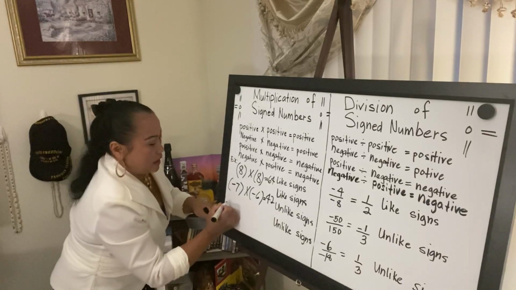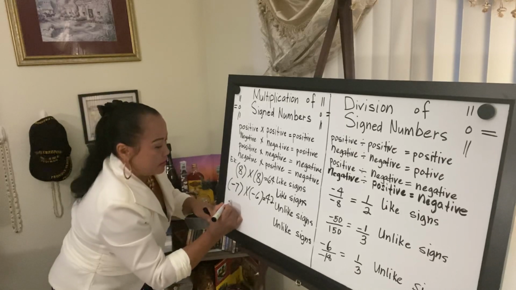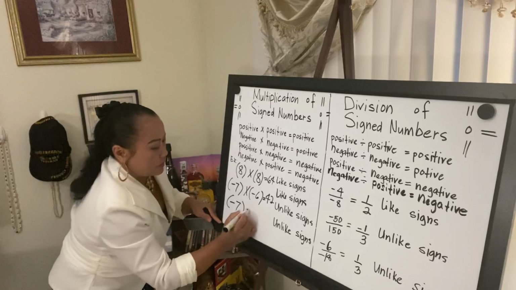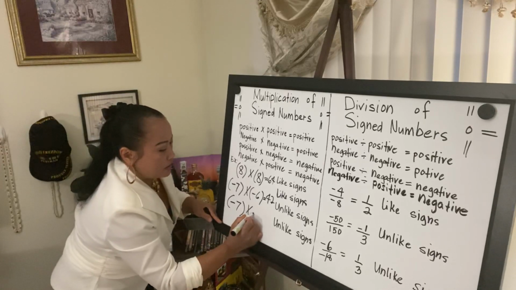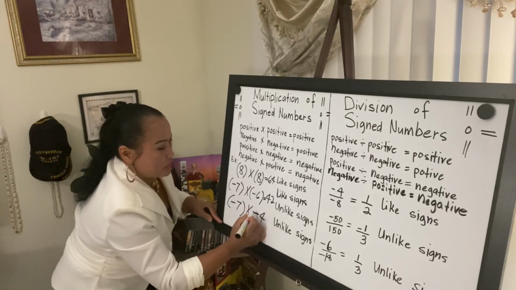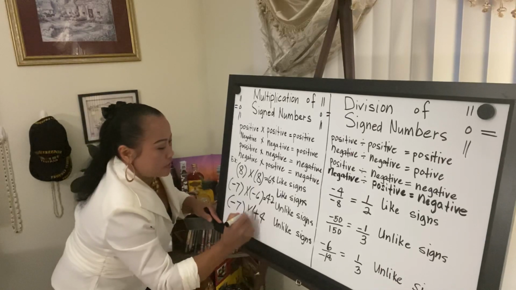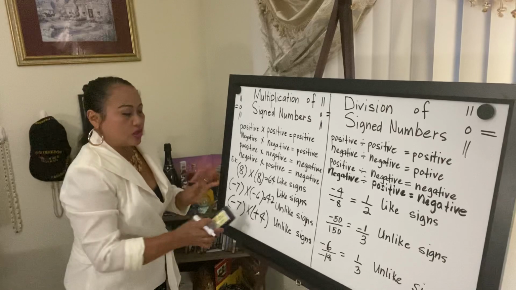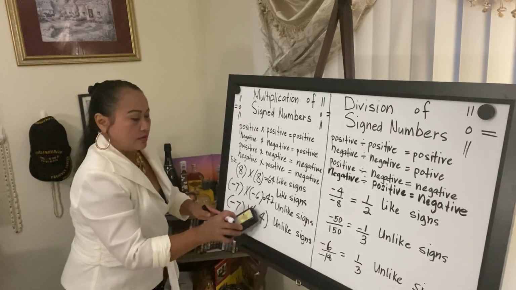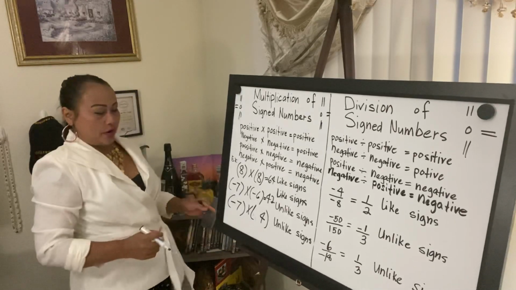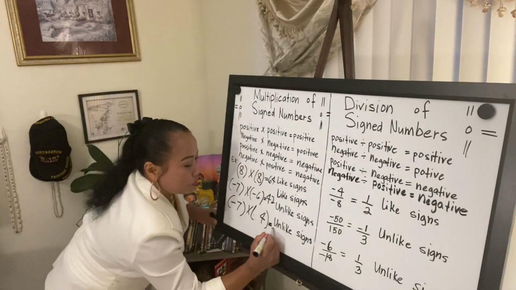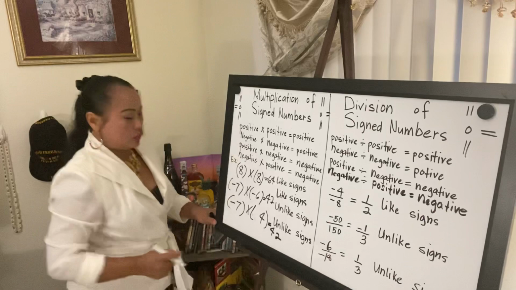Okay, next. Unlike signs, let's say negative 7 times positive 4. Sometimes they will write it like that, and sometimes they will just put it like this, simply 4. So 7 times 4 equals 28.